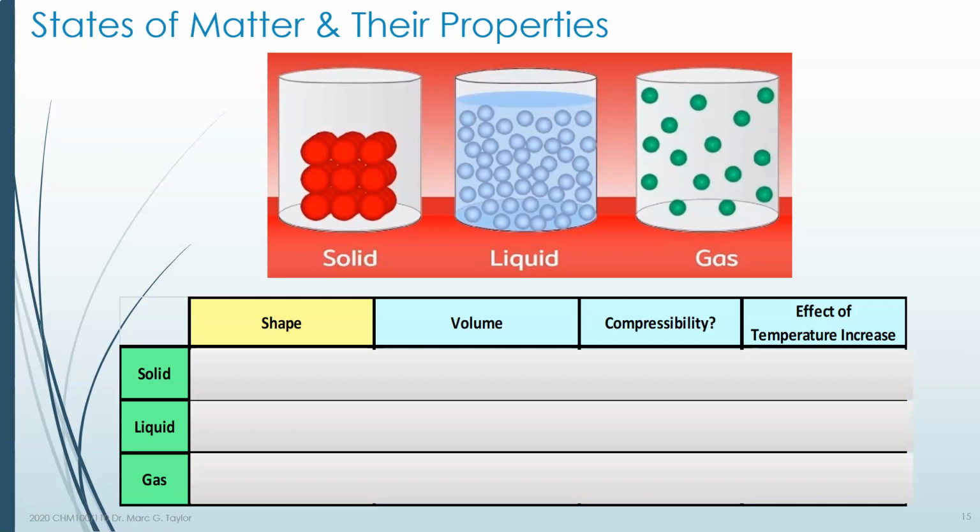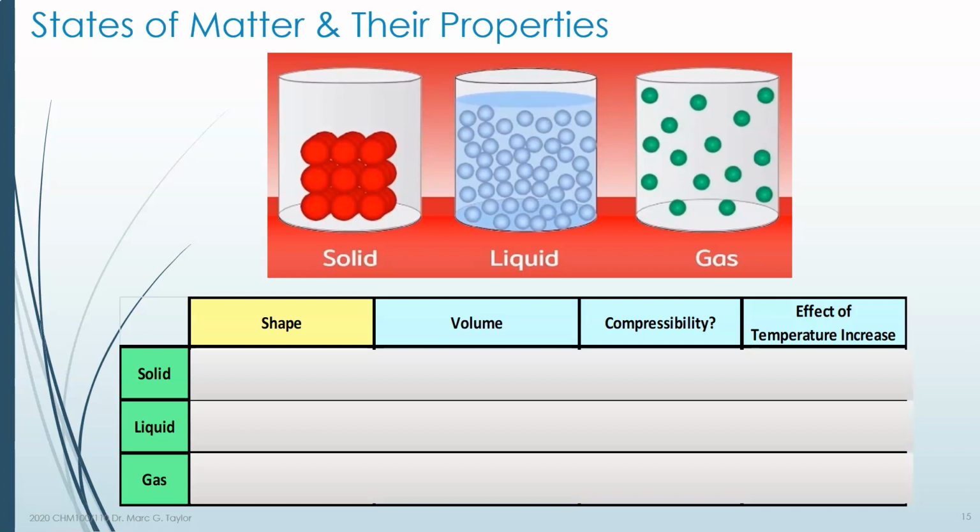As you can see in the diagram here, solids tend to be very compact. The dots represent atoms or molecules, depending on the substance, and in a solid they're very compact, sometimes even in very ordered crystalline forms, but not necessarily. But there's very little space between these individual particles.